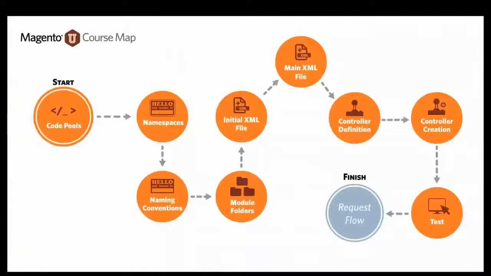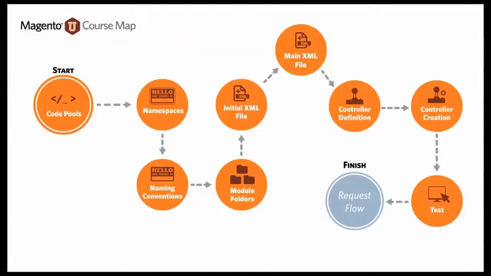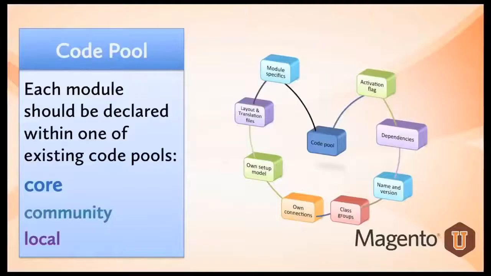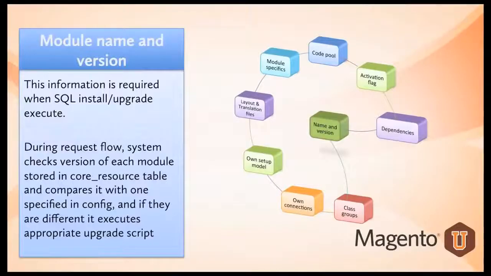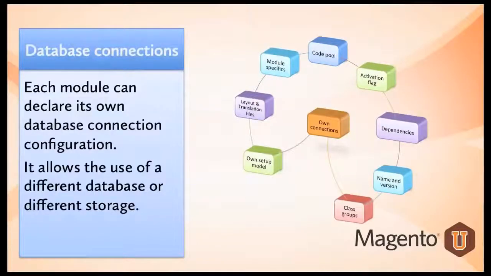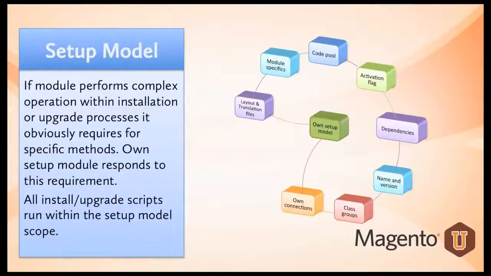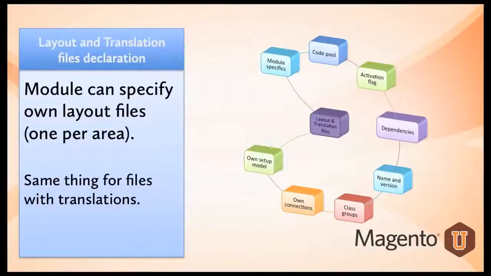Once we've created these basic module folders, our next step is to create an initial configuration file. The configuration of Magento contains many settings and properties. There can be the definition of the code pool, activation flag, dependencies, name and version, class groups, own database connections, own setup model, layout and translation files, and any module-specific information.